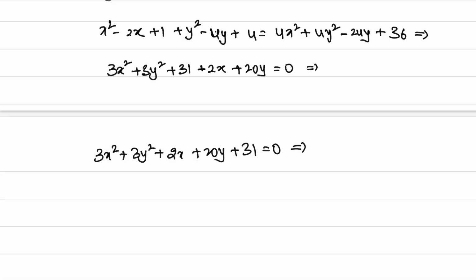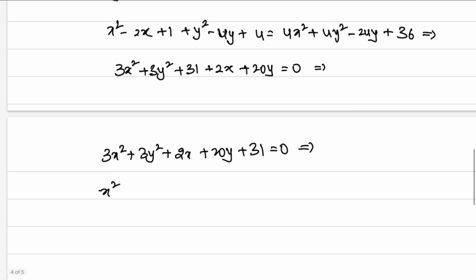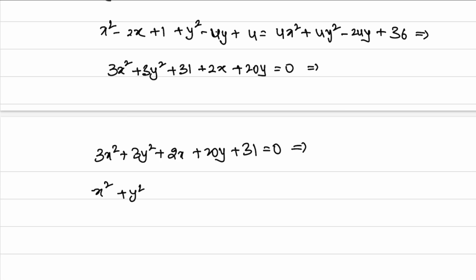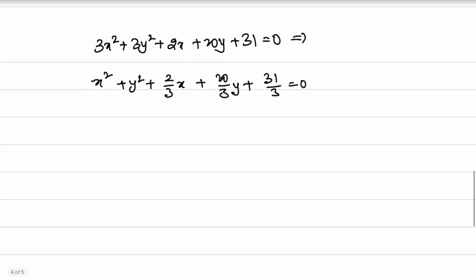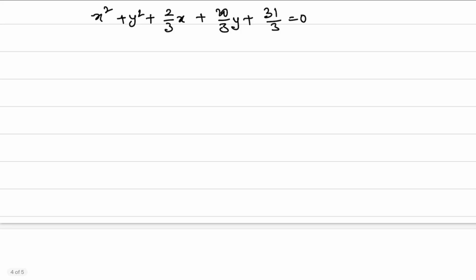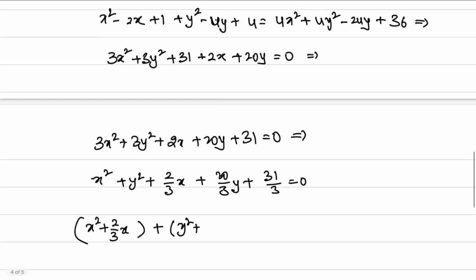Divide everything by 3 so that we get it in some form of x square plus y square plus 2 by 3x plus 20 by 3y plus 31 by 3 is equal to 0. Then what happens? x square plus 2 by 3x plus y square. Is it plus or minus?